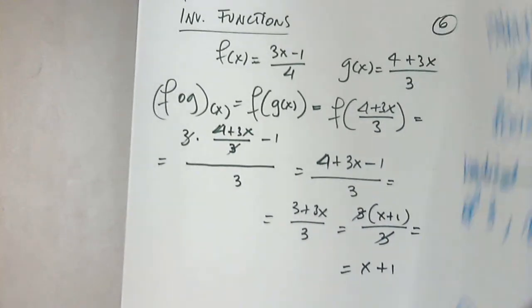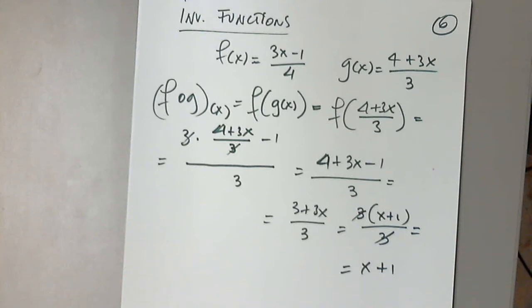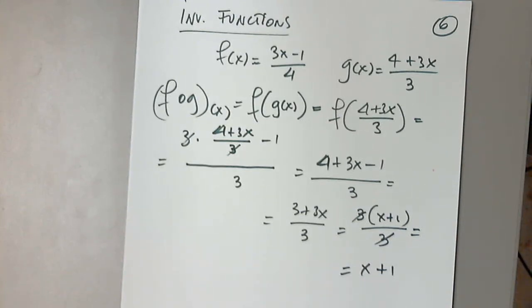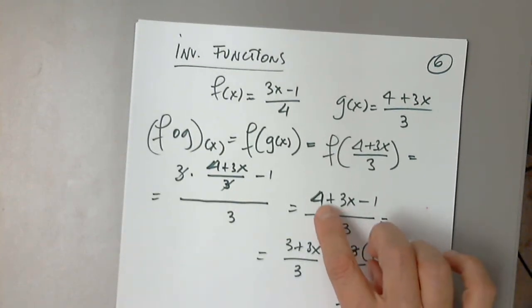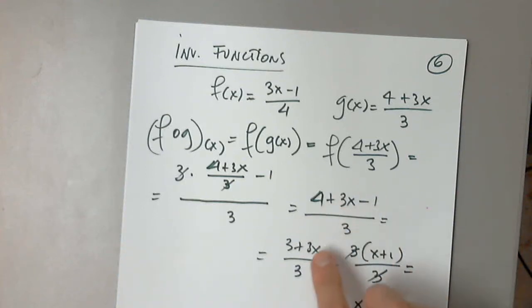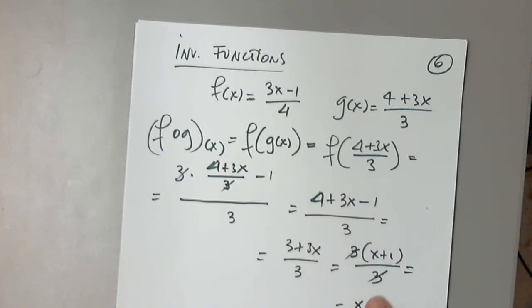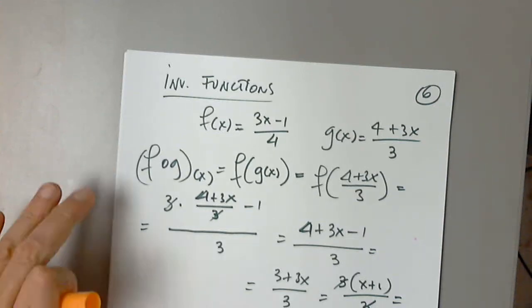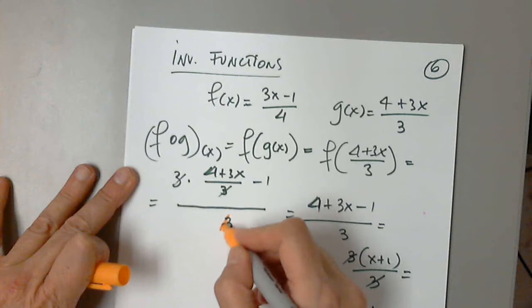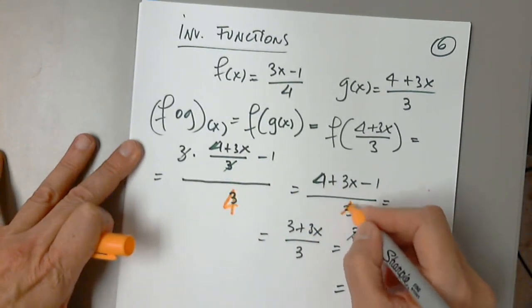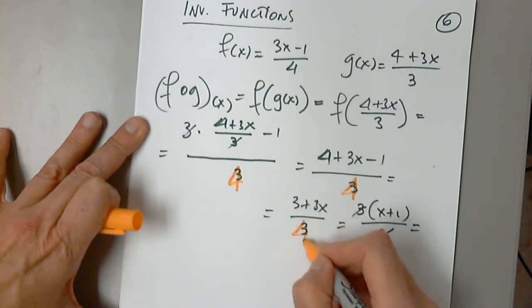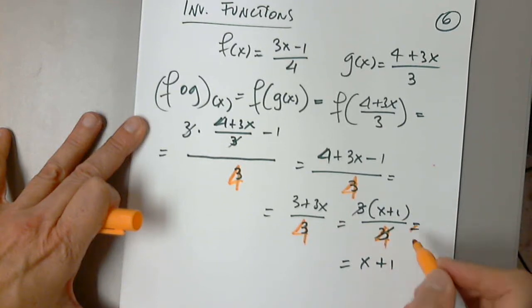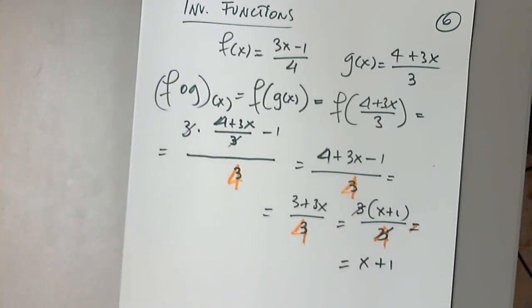Is this 3 or 4? 4 minus 1. Over 3 or over 4? I'm sorry. It is over 4. We always simplify as much as possible.